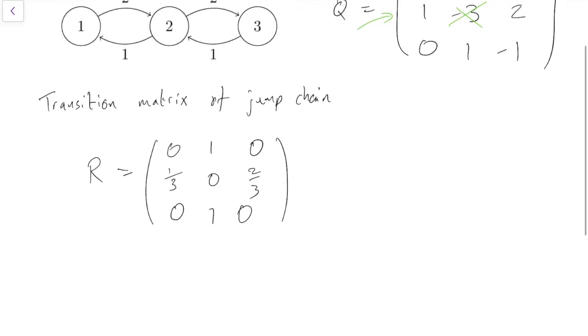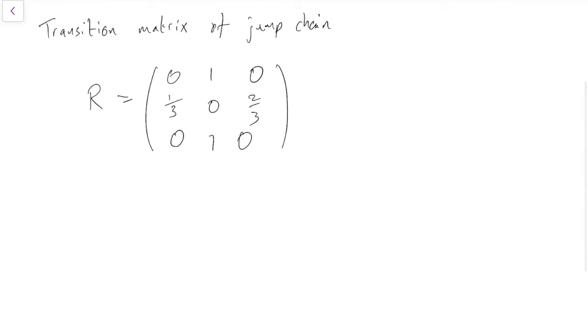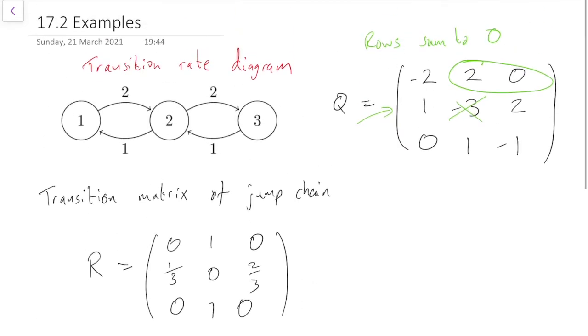So let's think what happens here. Let's suppose we start at state 2, say. Suppose we start at X0 equals 2. Then what happens? Well, first we see this, right? That's Q22.